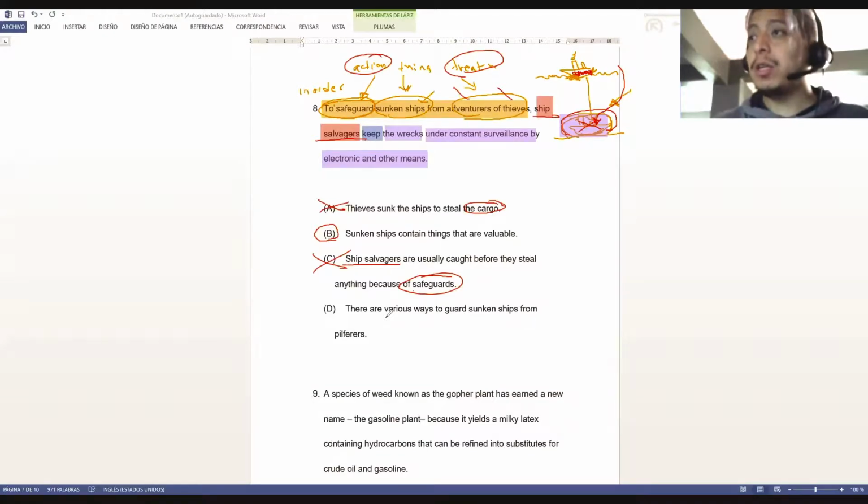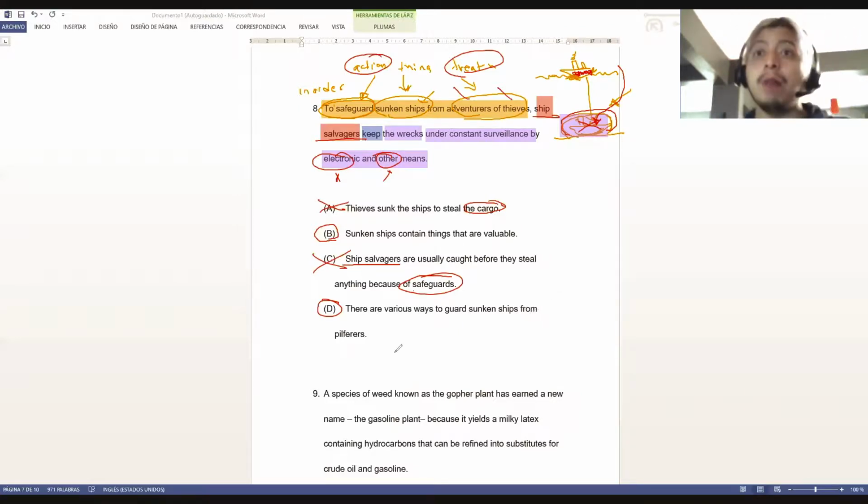So there are various ways to guard them. It says that they guard them by electronic and other means. So we have one means and another means, at least two or three. I'm not sure, they are not explaining which are these means, but they say that there is more than one. So there are various ways to do it. Make sense? So now you know what a ship salvager is.